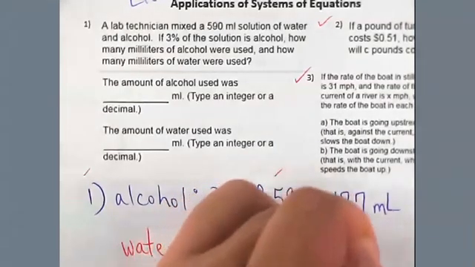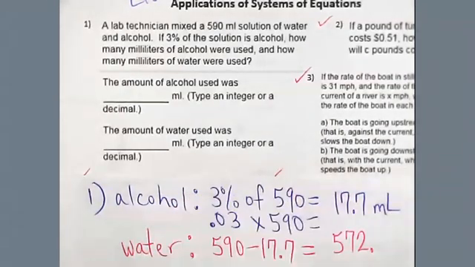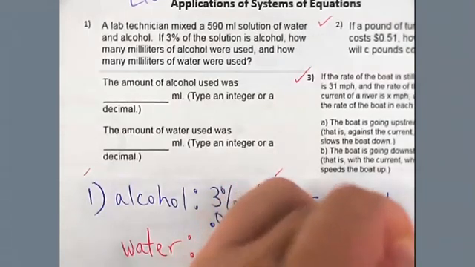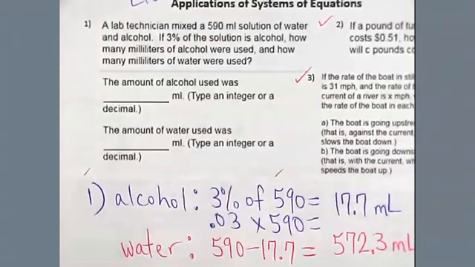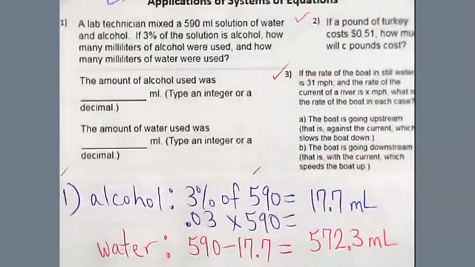So 572.3 milliliters of water were used. So you'll see a similar question like this in the lesson 10 homework, in which you don't need a system of equations. It's just regular arithmetic.